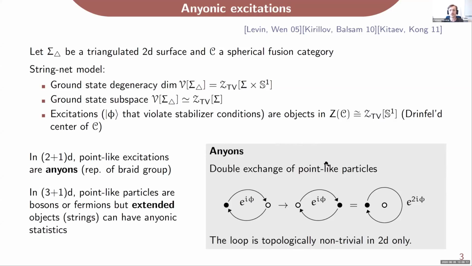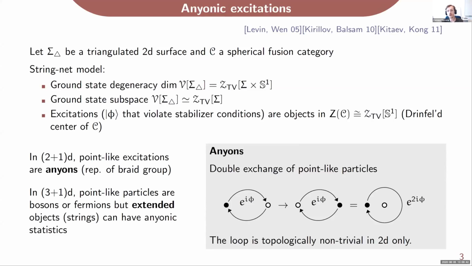And in order to appreciate the fact that we can have anyons in 2+1D, there is this famous cartoon, which is that if you have two particles, you can exchange them following a specific trajectory. And then the double exchange of these particles, so it's like going back to the original position, is equivalent to fixing one and going around with the other one.